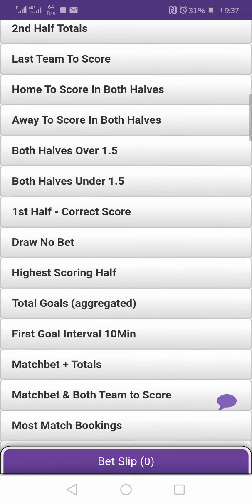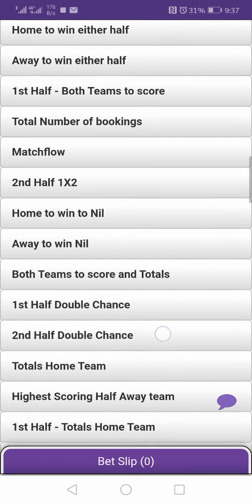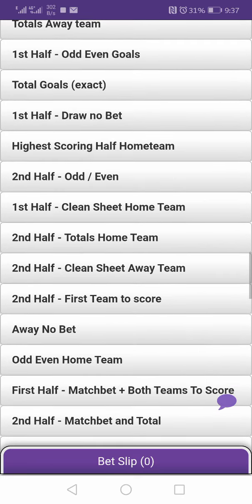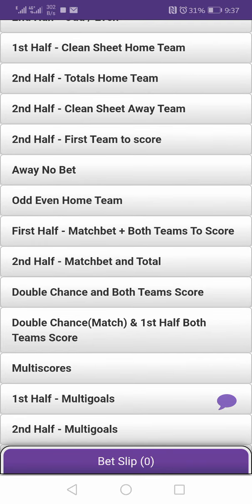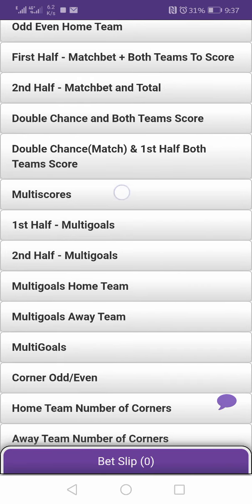That's an easy market, by the way. It's not rocket science, but I just have to do it because somebody asked me. When you scroll down to the bottom you'll find it. There we go, multi-scores.